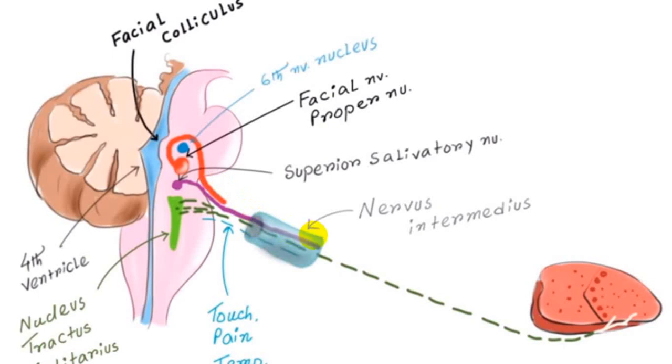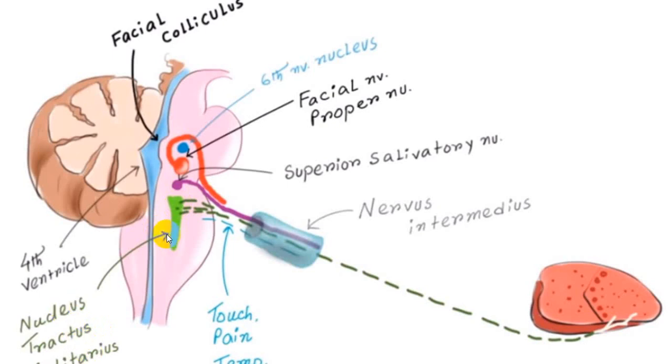We'll show you a further slide, and then it will emerge out through the stylomastoid foramen. Now there will be fibers from the tongue, that is the taste sensation from the anterior 2/3 of the tongue, plus touch, pain and temperature sensation from the tongue, which will be running along with the facial nerve, will enter the facial canal, and then it will end in what we call the nucleus tractus solitarius.